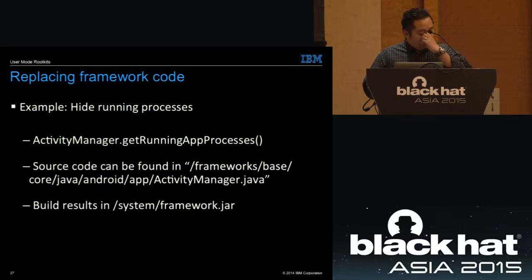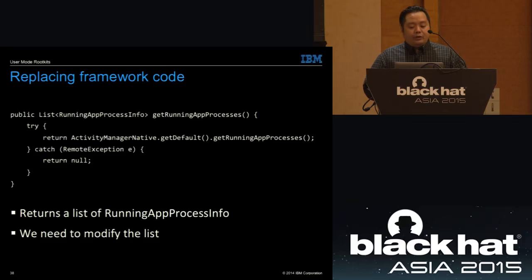So, as an example, let's look at how to hide a running process. As I've said, we replace getRunningAppProcesses, whose source code can be found in ActivityManager.java, and the build results are in framework.jar. Now, here's the original source code for that method.